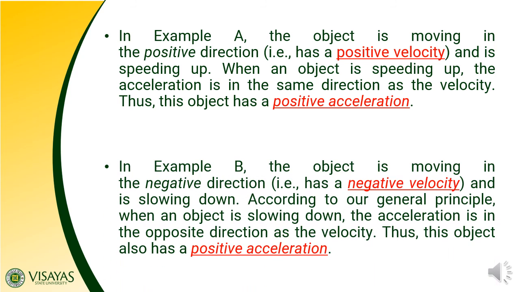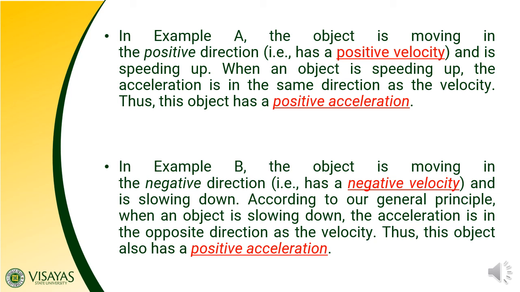In example B naman, the object is moving in the negative direction, meaning it has a negative velocity and is slowing down. According to our general principle, when an object is slowing down, the acceleration is in the opposite direction as the velocity. Thus, this object also has a positive acceleration. So in this case, example A and example B tell us that we have both a positive acceleration.